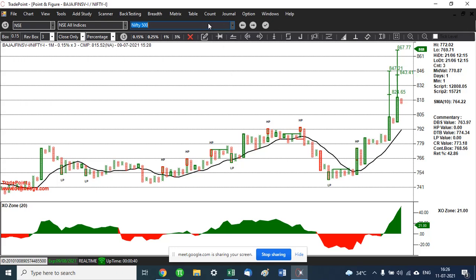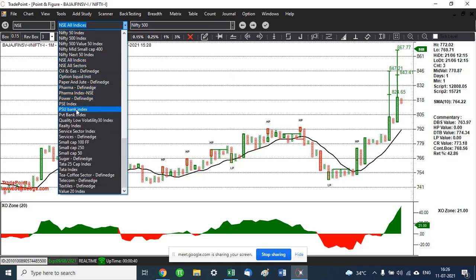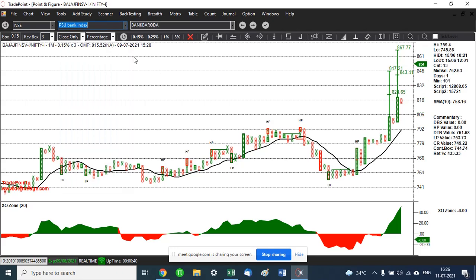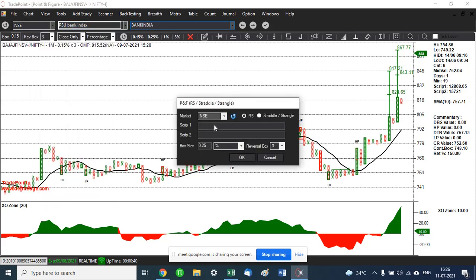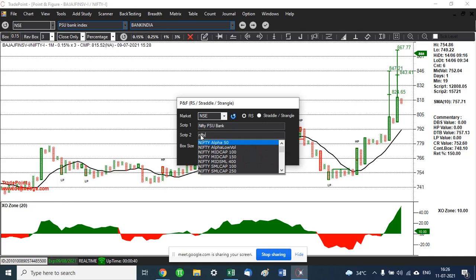Anyway, so this is how we can do sector analysis. For example, if we click PSU Bank Index, Nifty PSU Bank against Nifty 50, we use box size as 0.25.